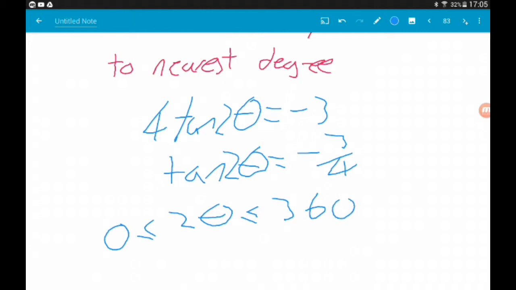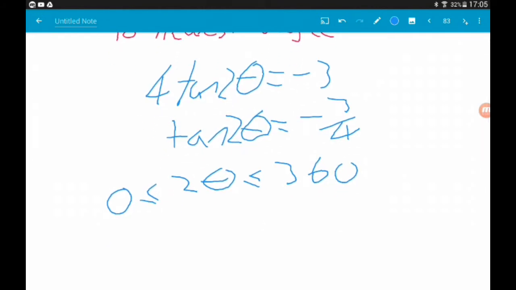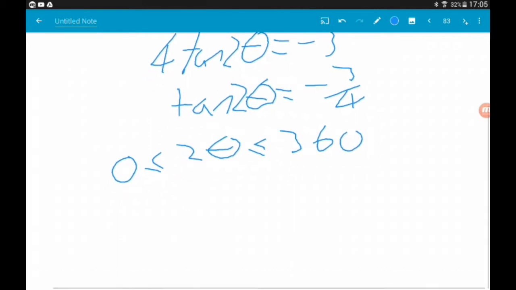So our values of 2 theta are allowed to be between 0 and 360. Next, we're going to use our calculator to get the first solution. Because we're dealing with tan here, I'm not even going to bother sketching the graph. Once we get our first solution, we just add 180 or subtract 180, depending on our interval.